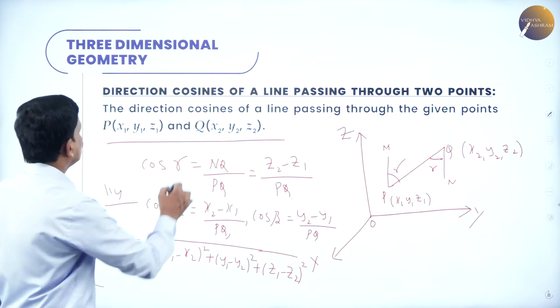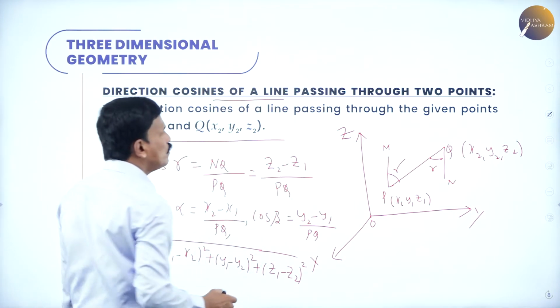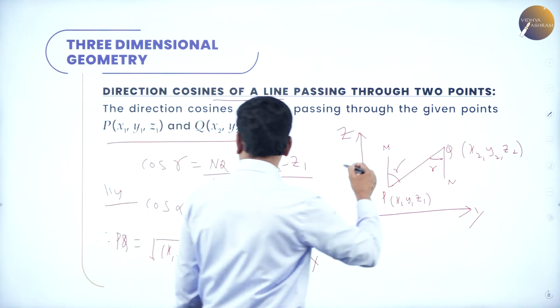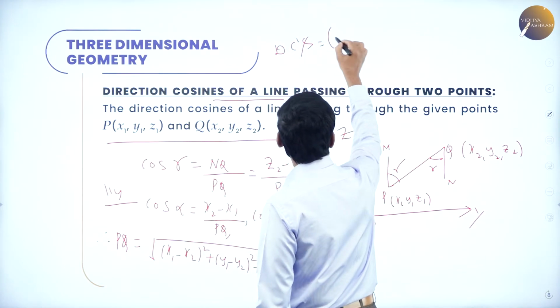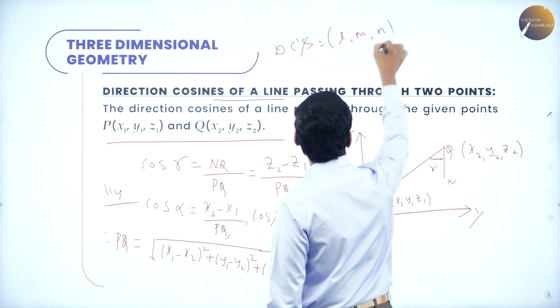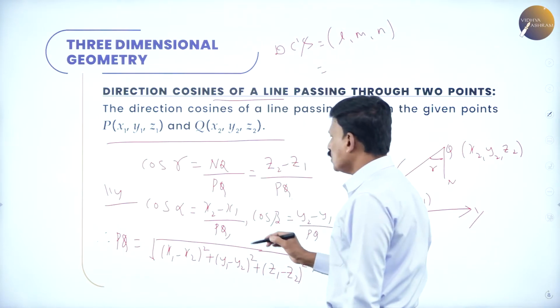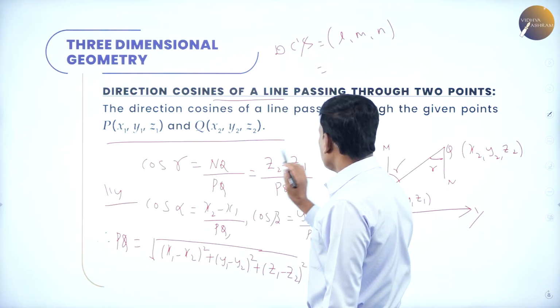Therefore, the direction cosines of the line, L, M, N, is always equal to cos alpha, cos beta, cos gamma.